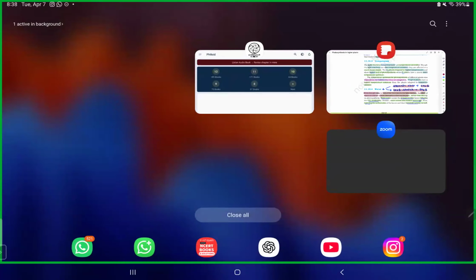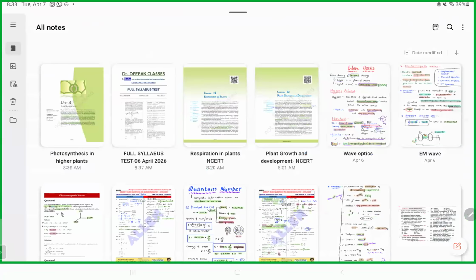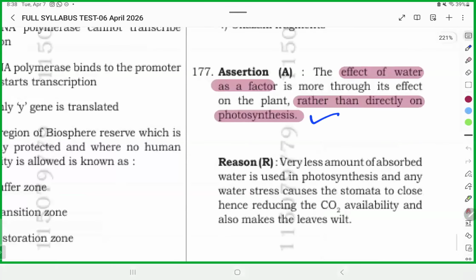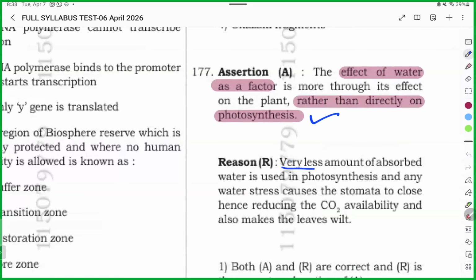So Anvita, second statement: very less amount of absorbed water is used in photosynthesis, and any water stress causes stomata to close, reduces CO2 availability, and makes the leaf wilt. Is this correct?